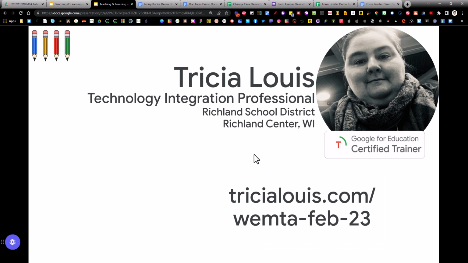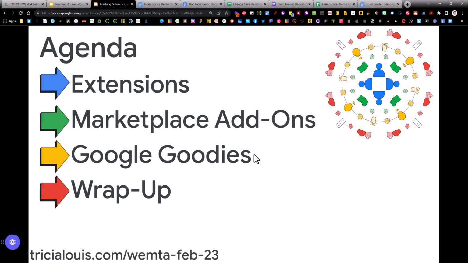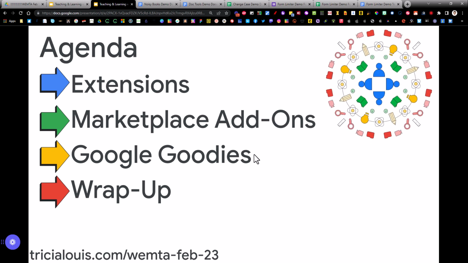And what are we going to cover during this session? Well, we're going to cover some great extensions that I utilize. Not all the time, but sometimes I need ones and sometimes I need others. So this is kind of a lot of them, but like I said, you don't use them all the time for everything. We're going to talk about a few marketplace add-ons.